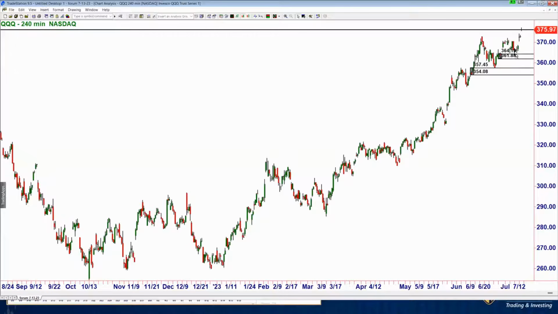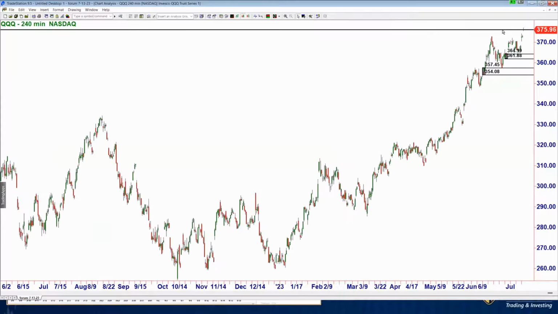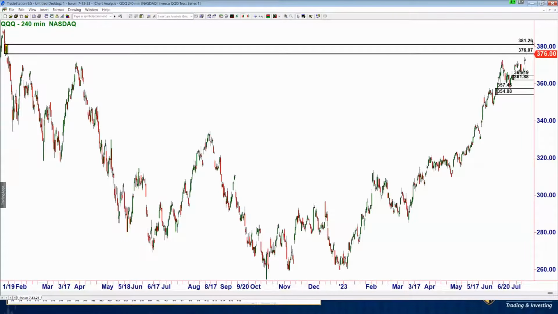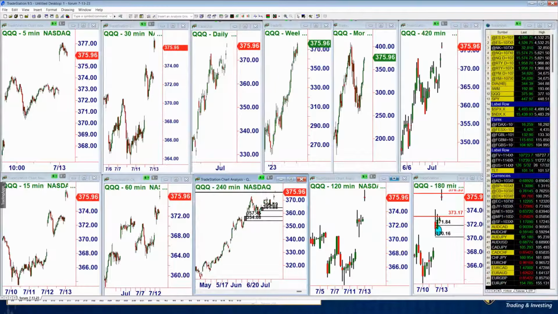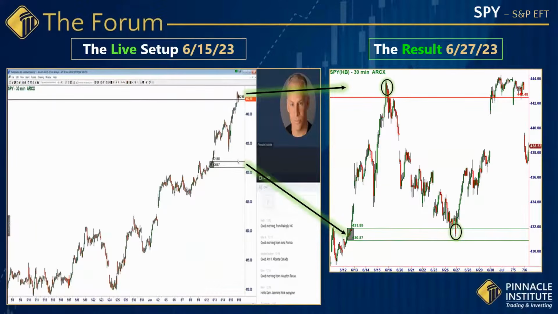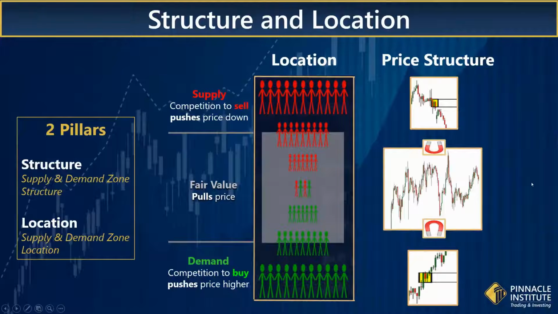But even though price turned here and went up to here, it doesn't mean that's necessarily a trading opportunity. Lower probability, small profit zone. But the point here is the 376 is an outside the range zone.